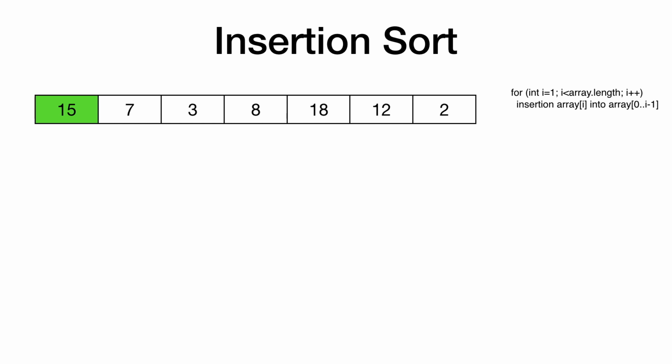Now, when i is equal to 1, we're looking at 7, and we want to know where 7 goes. Where does 7 go in this array of just 15? Remember, our sorted array is 15, and we want to know where 7 goes.